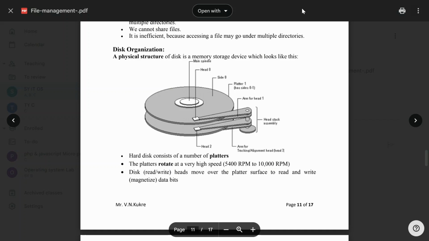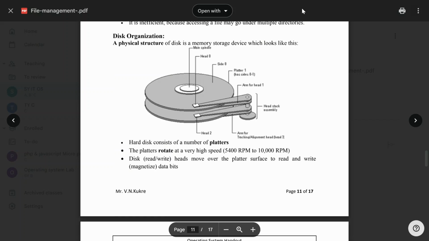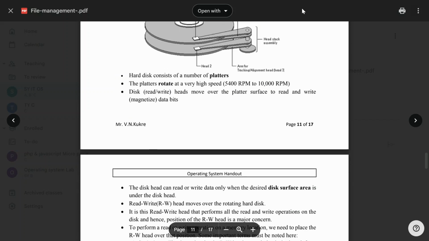With the help of the heads, head 0 and head 2 shown in the figure, we can perform operations like read and write on the disk, bit by bit.